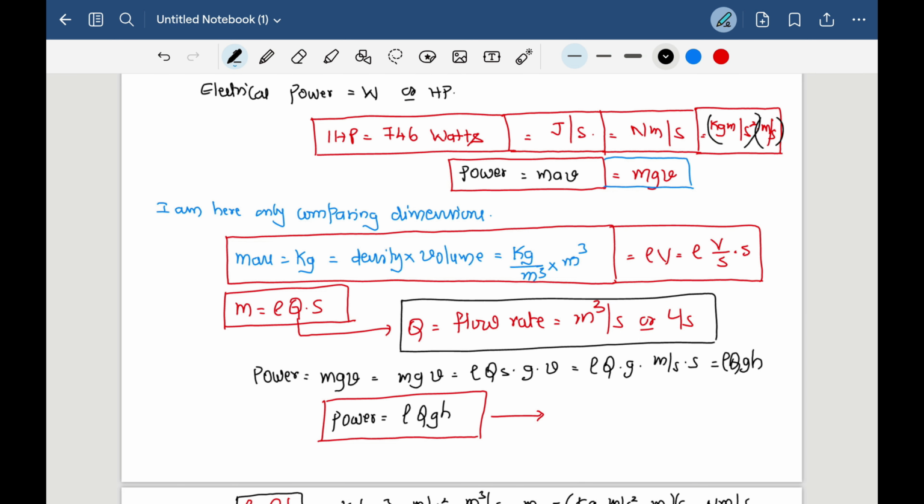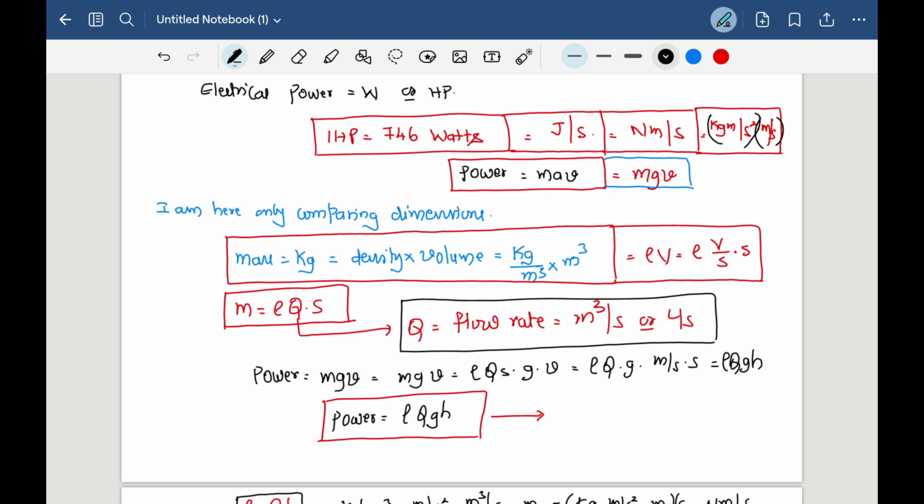Usually, electrical power in SI units is in watts, whereas in commercial sense, it is in HP. And watts is nothing but energy per second, that is joules per second. Joules is nothing but force into distance, that is Newton meter. The Newton meter per second is equal to watts. As per Newton's law, mass into acceleration, kg meter per second square into meter per second, that is joules per second, that is watts.